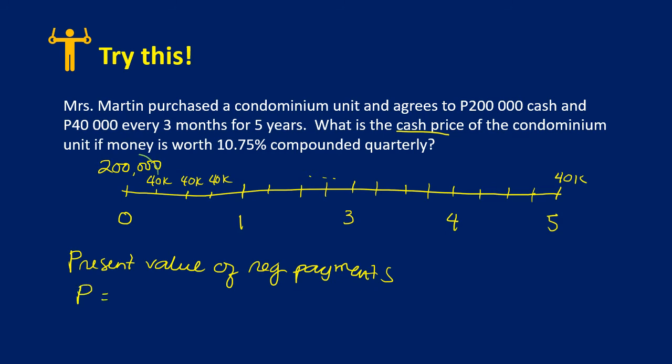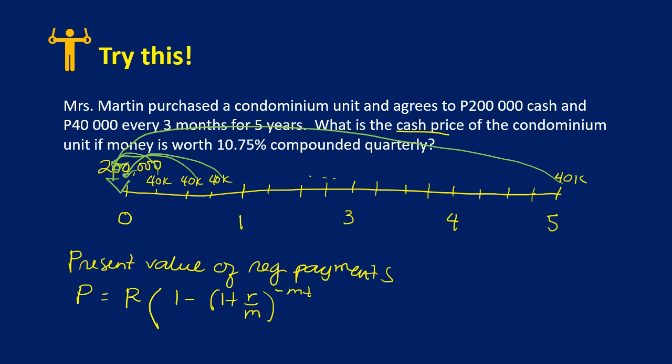It means that I'm getting all of this, I'm putting them here at present. Okay, I want to find their value. Okay, so what is the formula? Our formula is R times 1 minus quantity 1 plus R over M raised to negative MT all over R over M.